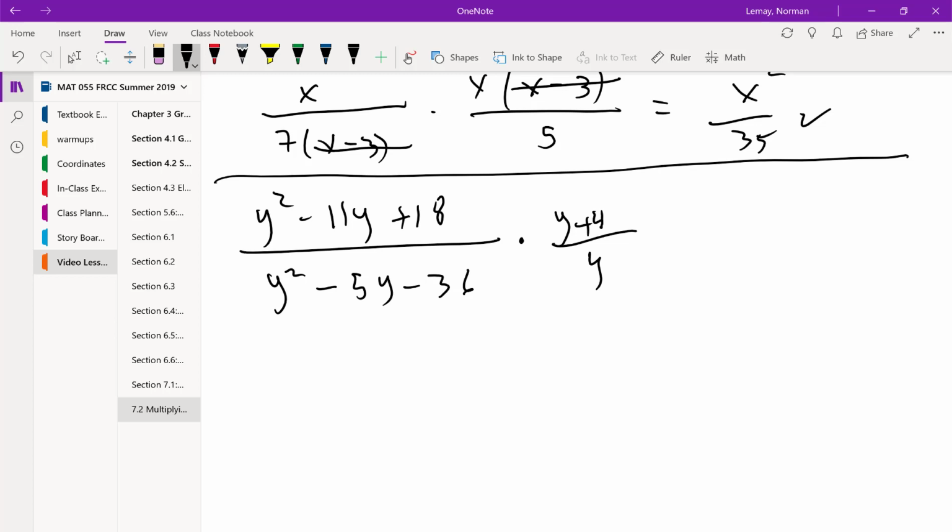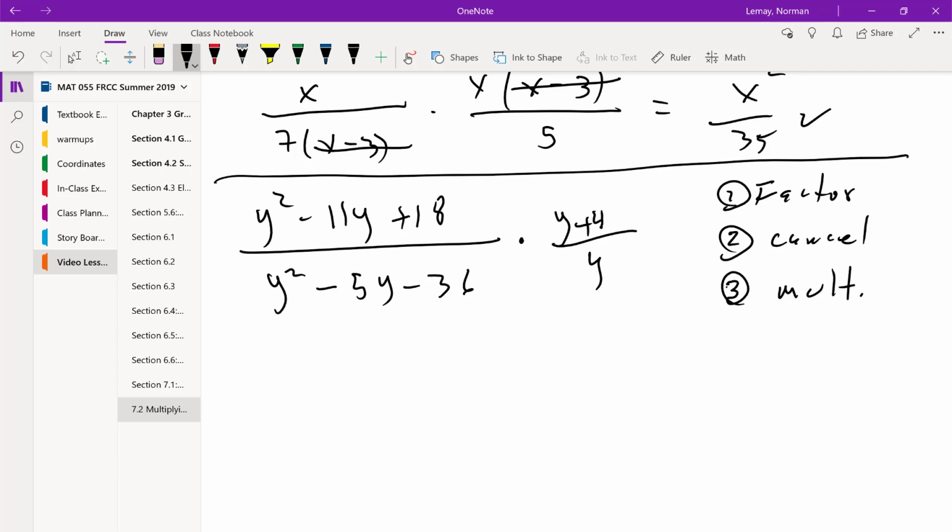I forgot that part earlier. So again, the idea is what we're going to do is factor, cancel, and then finally do the multiplication. We're going to see that on the division.